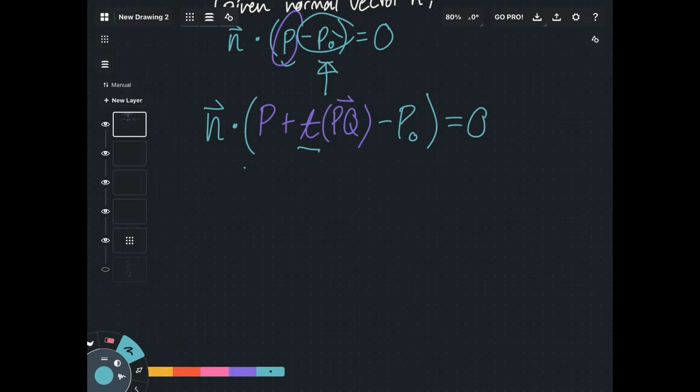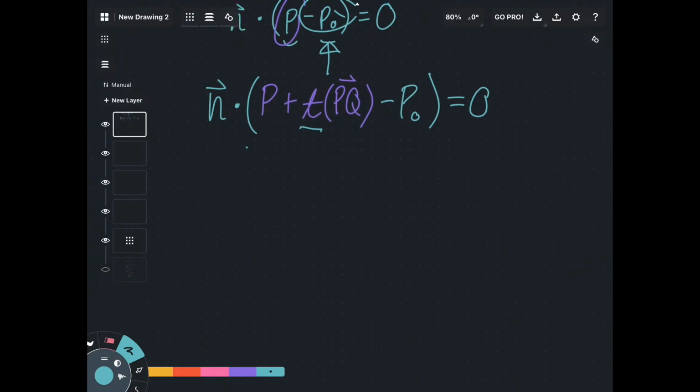But now we got to solve for t, because that's what we're trying to find, the point along the vector that is equal here. So we're going to do a little bit of kung fu here. We're going to say the normal dotted with, and here's an important point I want to point out. This is a point, the starting point of the line, and this is a point on the plane. And what do you get when you have a point minus a point? You get another vector.